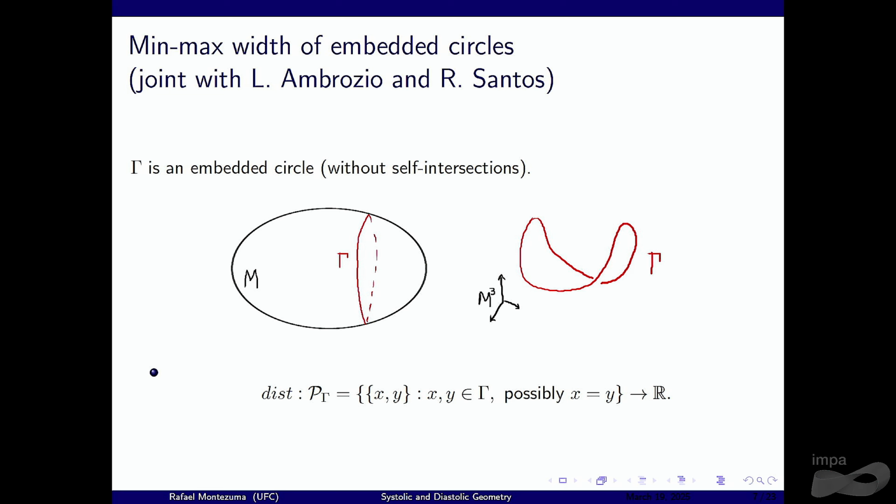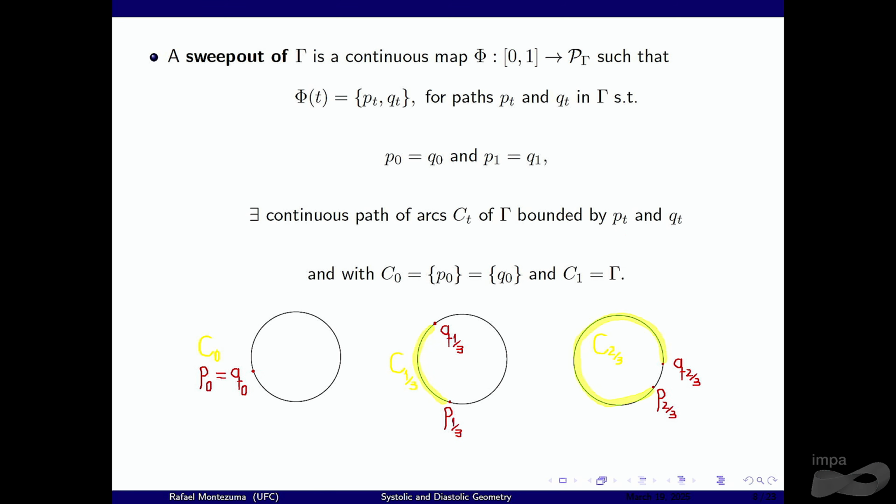So since this is the Möbius band, it's natural to try to find another critical point, and this is what we do. We consider the non-trivial topology of the Möbius band in the following way. We construct paths in this space of pairs.